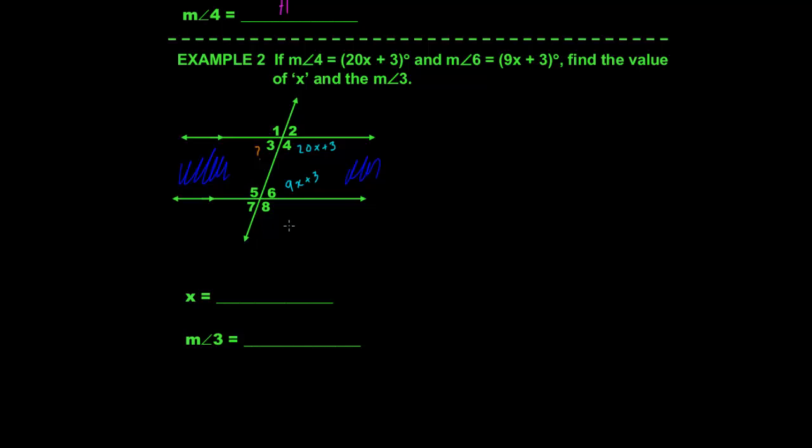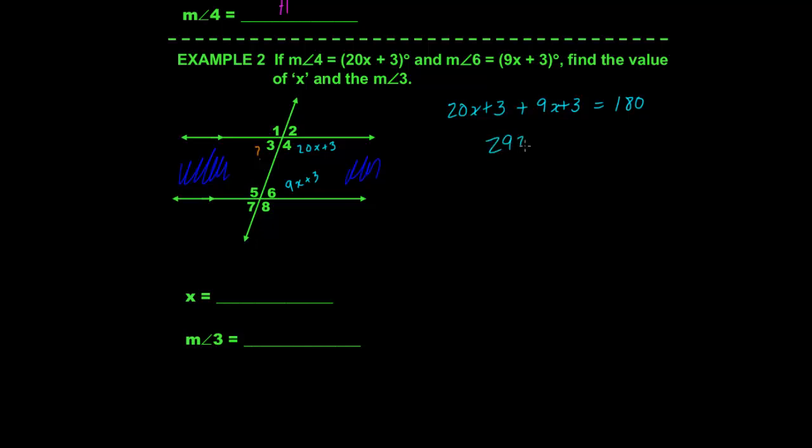How do we find those? Same side interiors, you add the two together and they will equal 180. They are supplementary angles. So you add the two together. You have your 20x plus 3, and then you add your 9x plus 3, and they equal 180 degrees.